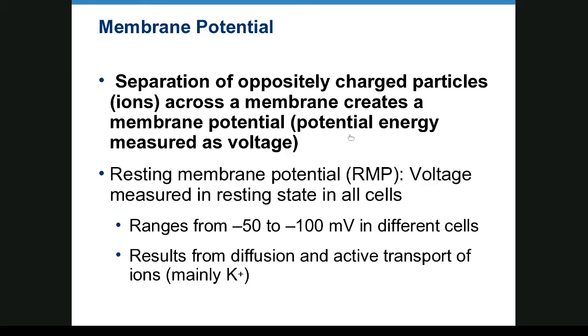So inside the cell, you have a lot of negatively charged ions, generally large proteins. And outside the cell, at rest, you tend to have a lot of positive stuff. So you end up getting a voltage across the membrane, and it can be measured.